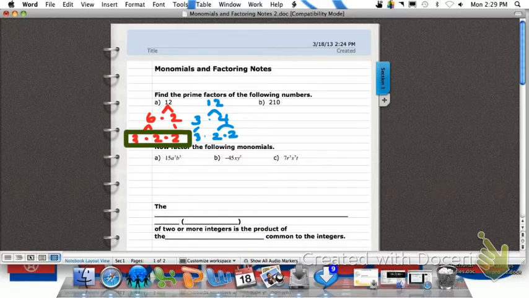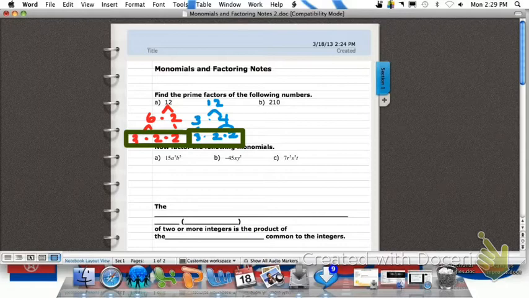So 3 times 2 times 2. Notice, it's the same factors that we already have. It didn't change anything. So in any case, when you go down to your prime factors, they are always going to be the same no matter which avenue or which street you take. And again, factoring a number, a monomial or a constant in this case, you want to factor all the way down until you can't factor anymore.